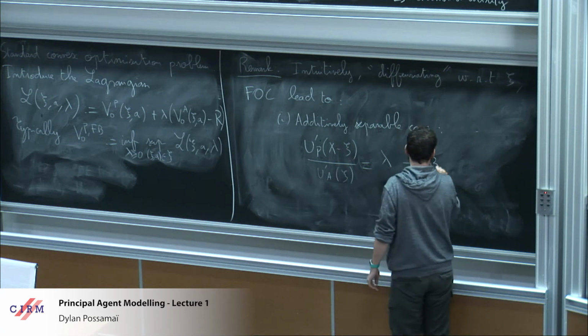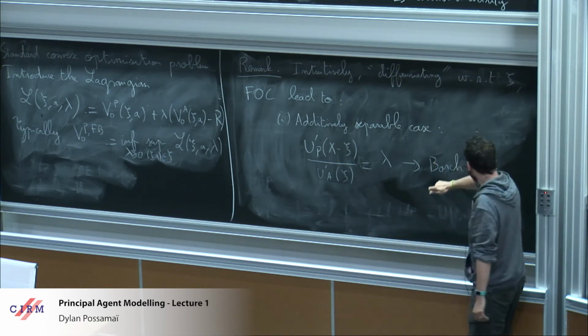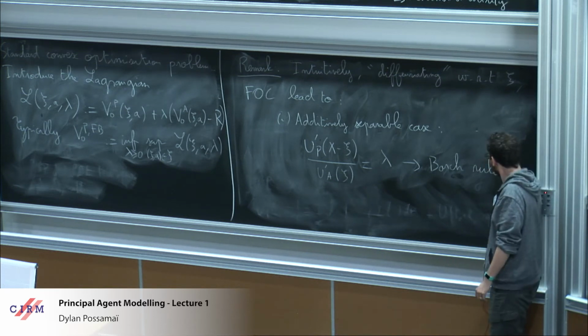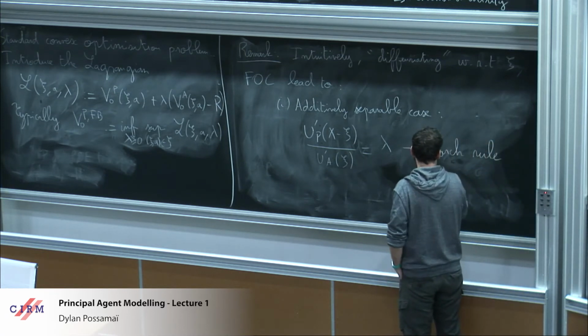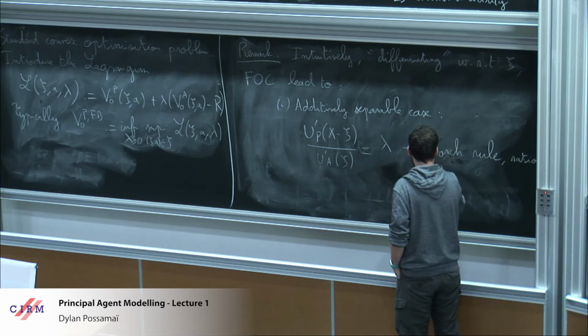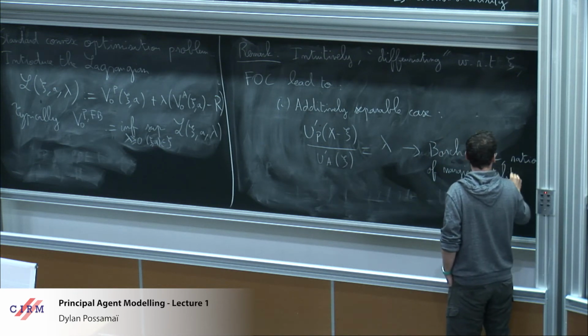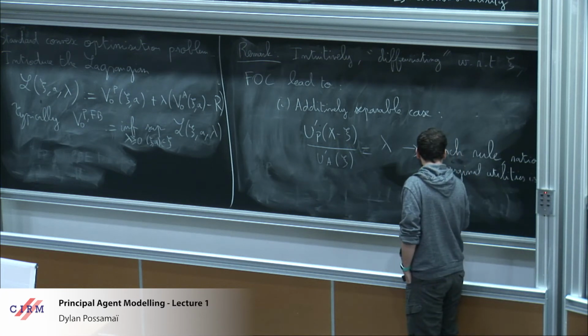And this is called the Borch rule, because that was first observed in a paper by Borch sometime in the 70s, that says that the ratio of marginal utilities is constant at equilibrium.